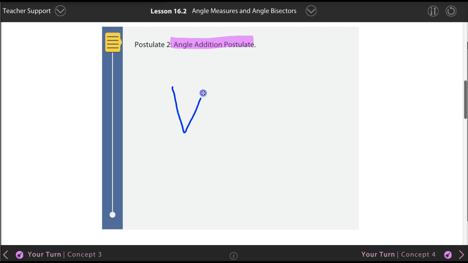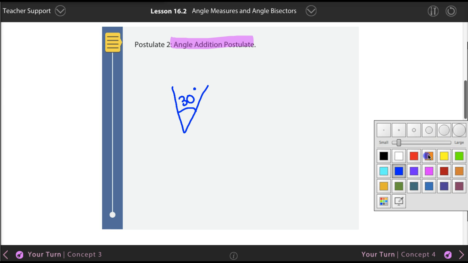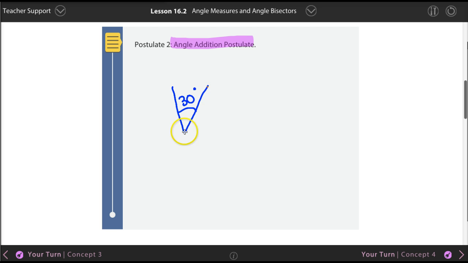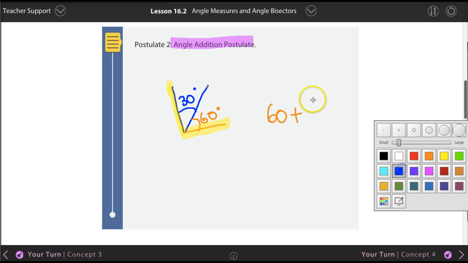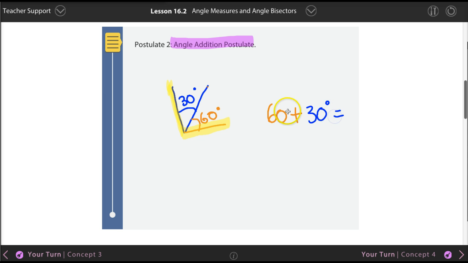All that means is if this angle is 30 degrees, and if this angle is 60 degrees, in order for you to find the measure of this angle here, the whole yellow thing, then all you have to do is go 60 plus 30. So then what's your answer for the yellow angle? Yes, it's going to be 90 degrees.